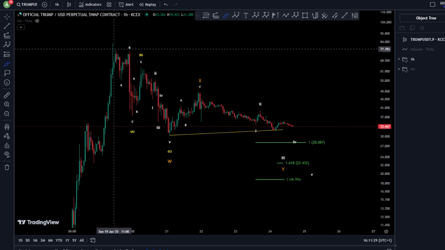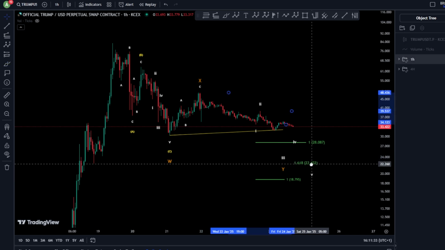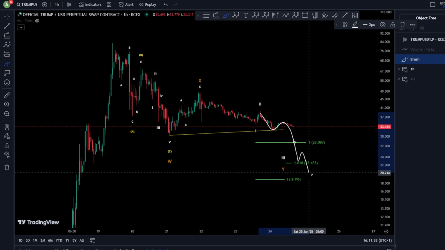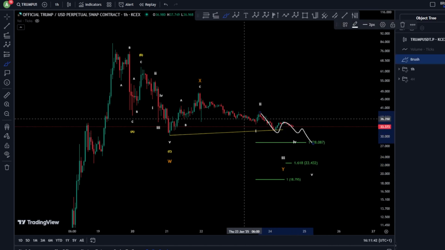The second scenario is a WXY, as I explained. So your wave Y can be even more deeper, right? So it can be 1, 2, 3, 4, and a 5, rather than ending diagonal, yeah, in wave 1 for a zigzag.